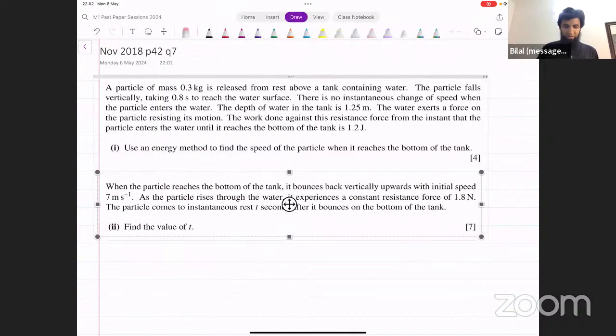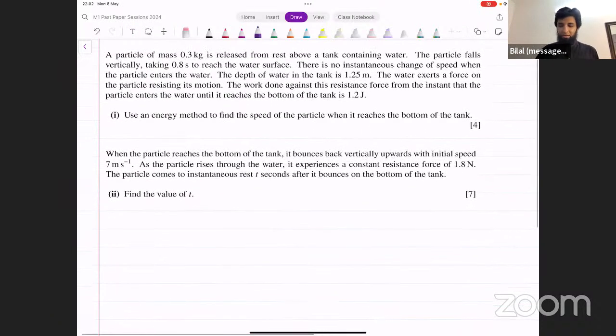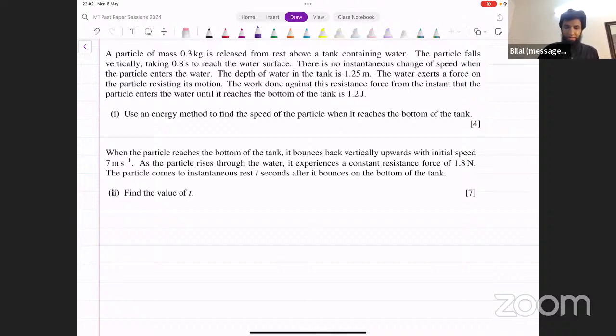Okay, let's have a look at this quickly now. It says a particle of mass 0.3 kilograms is released from rest above a tank containing water. The particle falls vertically, taking 0.8 seconds to reach the water surface.